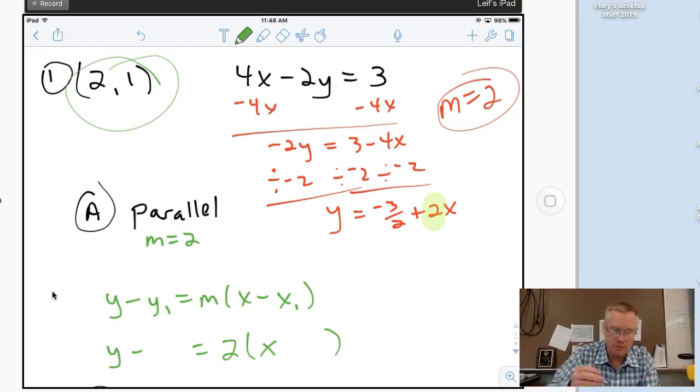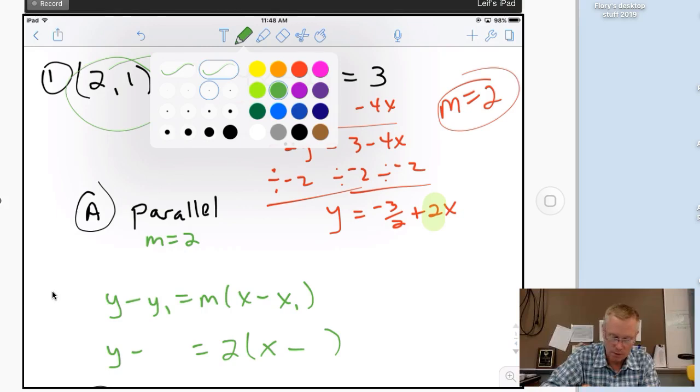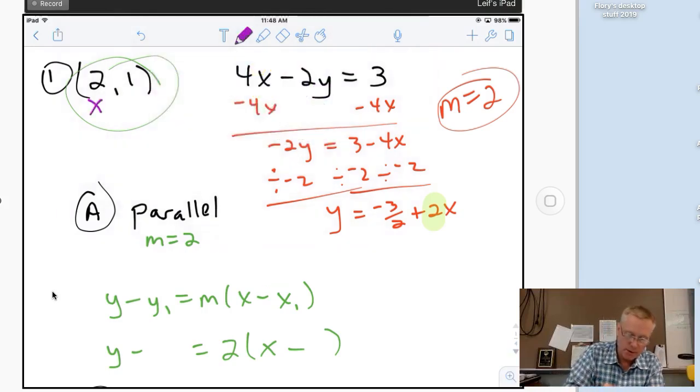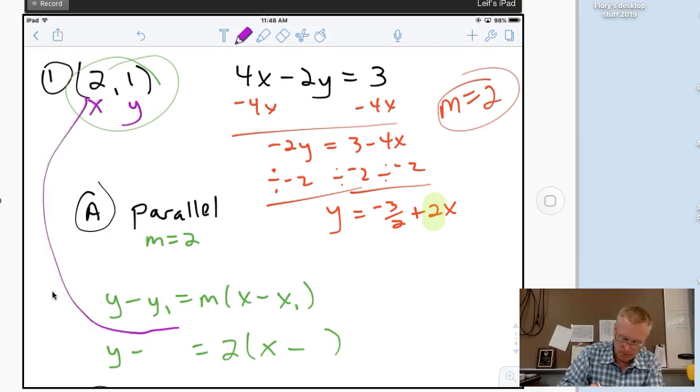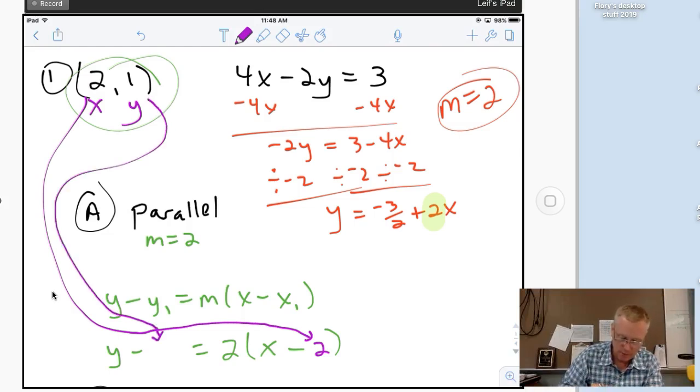The x coordinate goes next to the x and the y coordinate goes next to the y. Here's the x coordinate, here's the y coordinate, so the 2 will go in next to the x, and the y is going to go down next to the y, and I'm there.